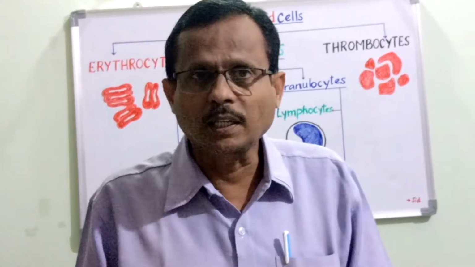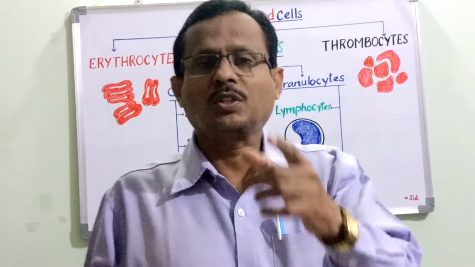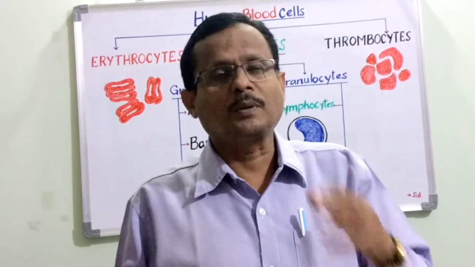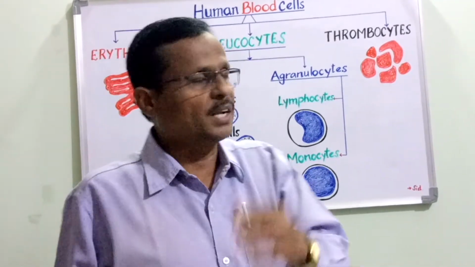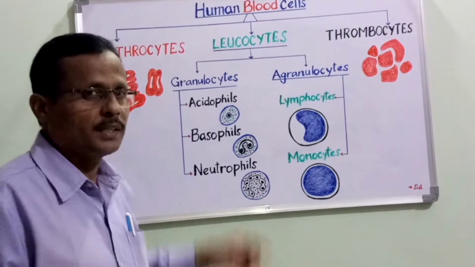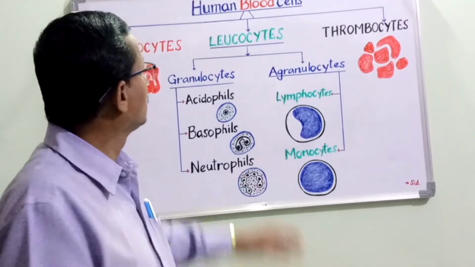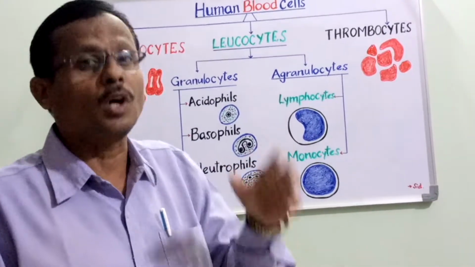Most importantly, the cells. We call them corpuscles. So the blood cells are called blood corpuscles. Here we come across three kinds of blood corpuscles. Number one is the erythrocytes, also called red blood corpuscles. The second, the leukocytes, called white blood corpuscles.